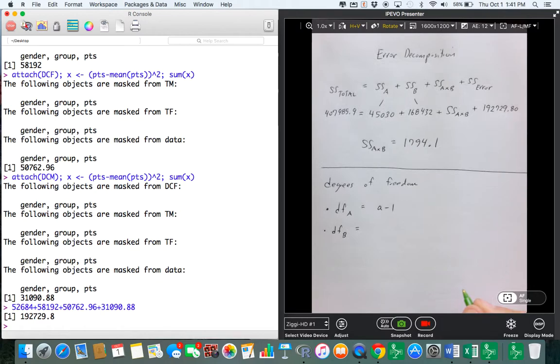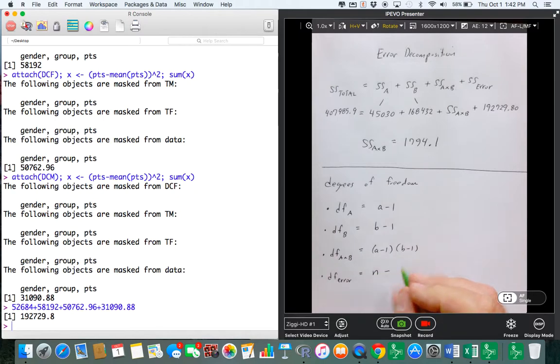Degrees of freedom for factor B is just B minus 1. The degrees of freedom for A cross B is just A minus 1 times B minus 1. The degrees of freedom for the error is my total sample size minus AB.